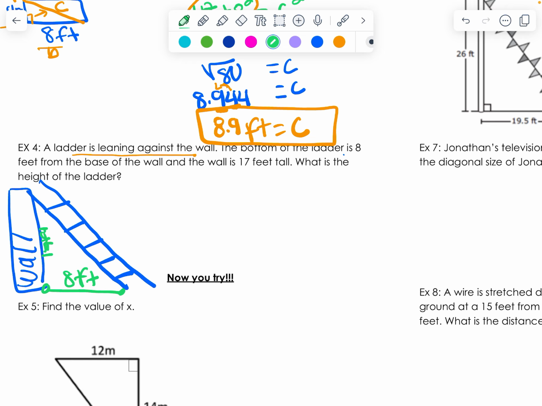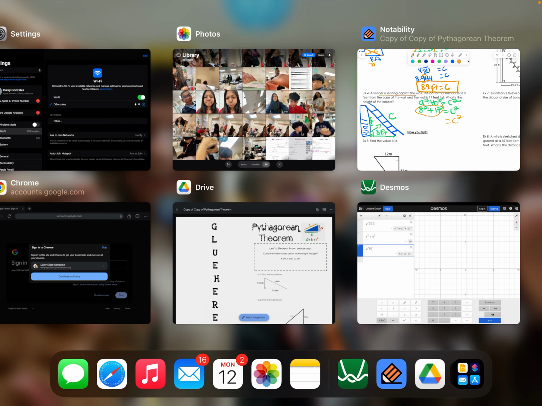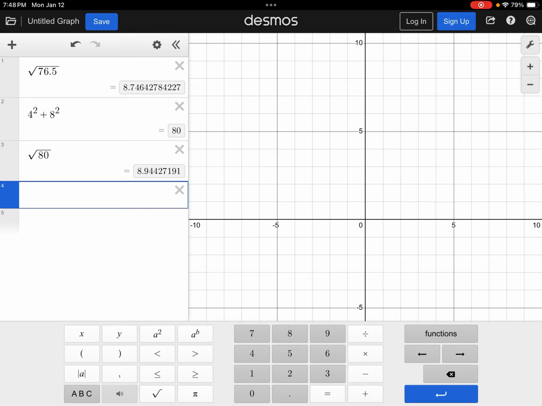Okay, so now that means that this is going to represent my right angle, and the ladder is going to represent the C. So I'm going to go ahead and write down my formula. And then plug in my lengths, which is 8 squared plus 17 squared is going to give me that C squared. Okay, like I showed you earlier, I'm going to put all of this in Desmos and see what I get, which is going to be 8 squared plus 17 squared.